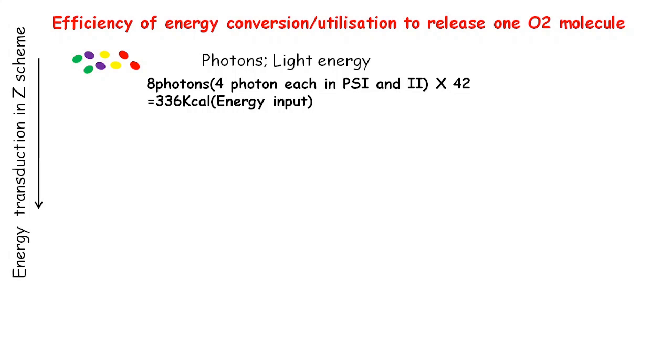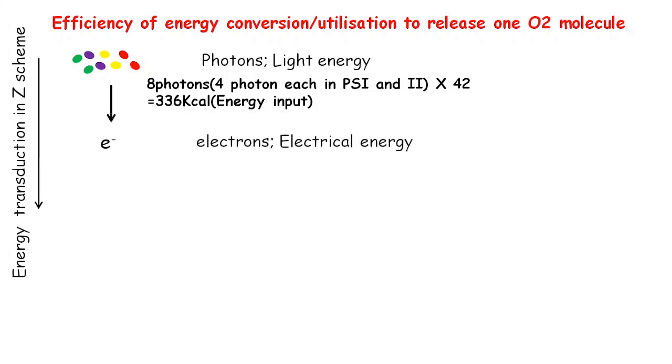As we have 2 photosystems, it requires 8 photons to release 1 molecule of oxygen. Each photon has 42 kilocalories of energy, so for 8 photons it will be 332 kilocalories of energy input to the photosynthetic machinery.